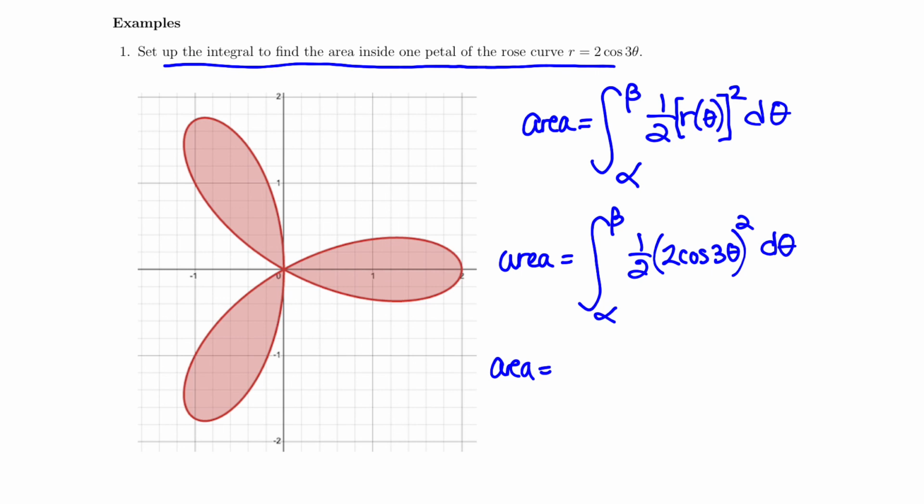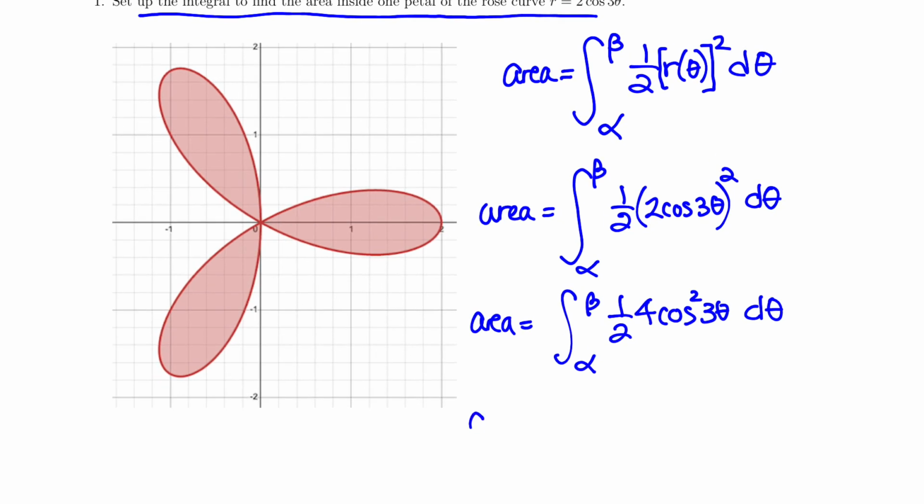But before I put my limits on, let me cancel things out. That's the integral from alpha to beta of 1/2 times 4 cosine squared 3 theta. Or in other words, the area within one petal is just going to be 2 times the integral from alpha to beta of cosine squared 3 theta.